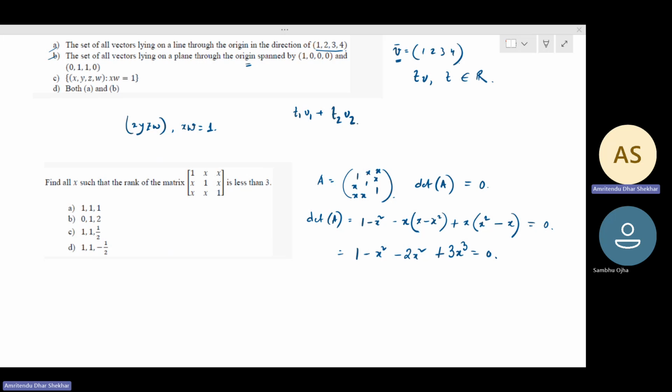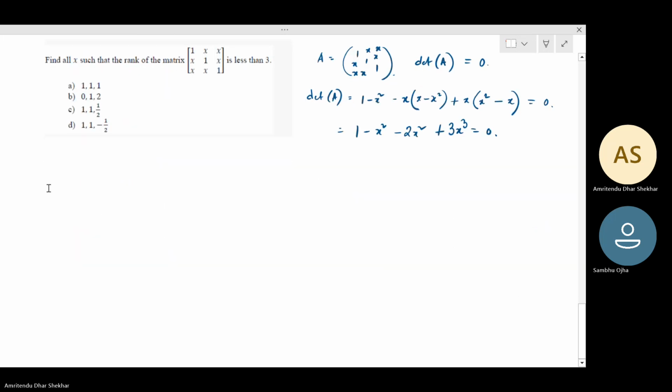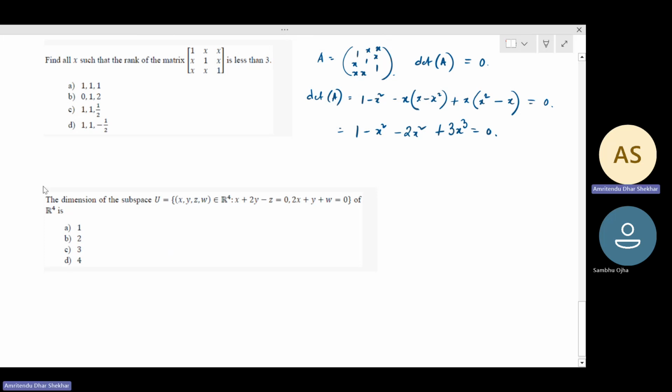Now let's look at this problem. We have the dimension of the subspace x plus 2y minus z equals 0 and 2x plus y plus w is equal to 0.